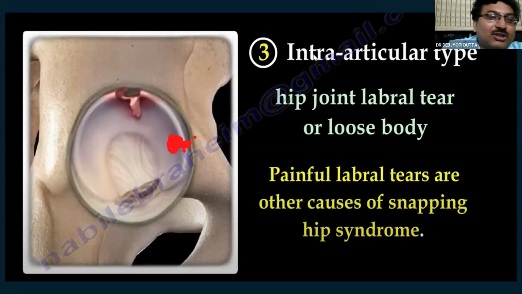So I think it's a bit complex, not complex, but is it difficult to remember? So I'm just repeating, there might be three types of snapping hip syndrome. One is the internal snapping hip syndrome, that is within the iliopsoas tendon. Again, there are two theories on that. In internal snapping hip syndrome, one, the tendon is moving over the iliopectineal eminence and stuck there, causing sound.